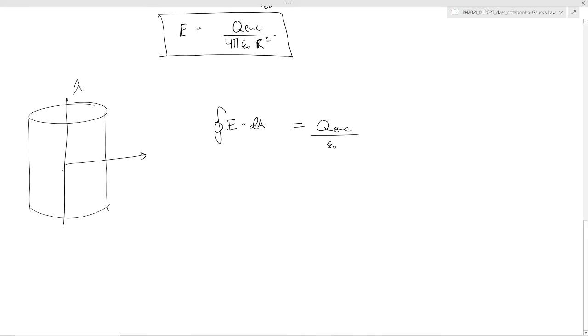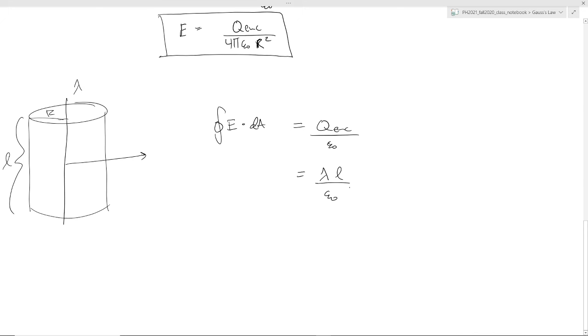Again, this would have some radius r. And let's also give this a length L. So this way we can state explicitly what the charge enclosed is. It would be lambda times L.